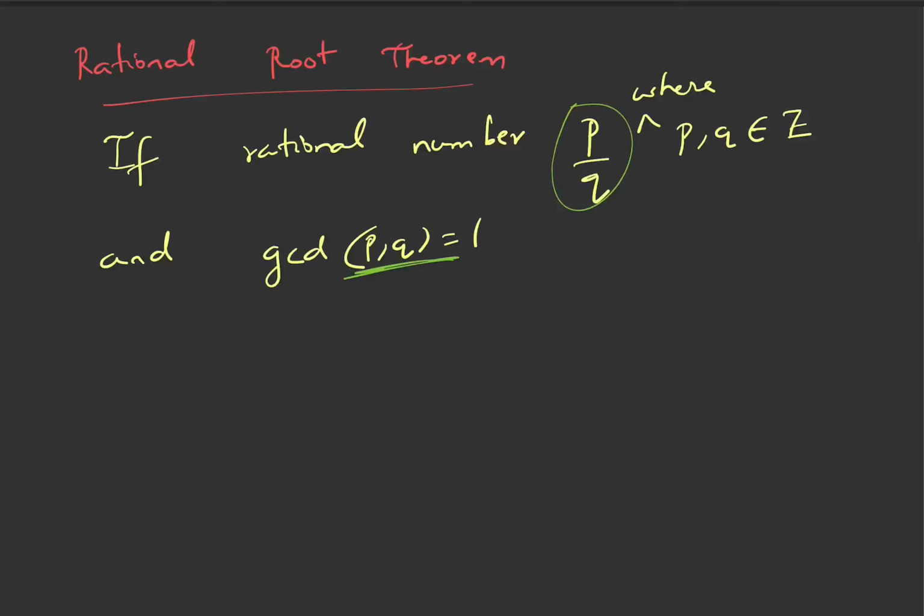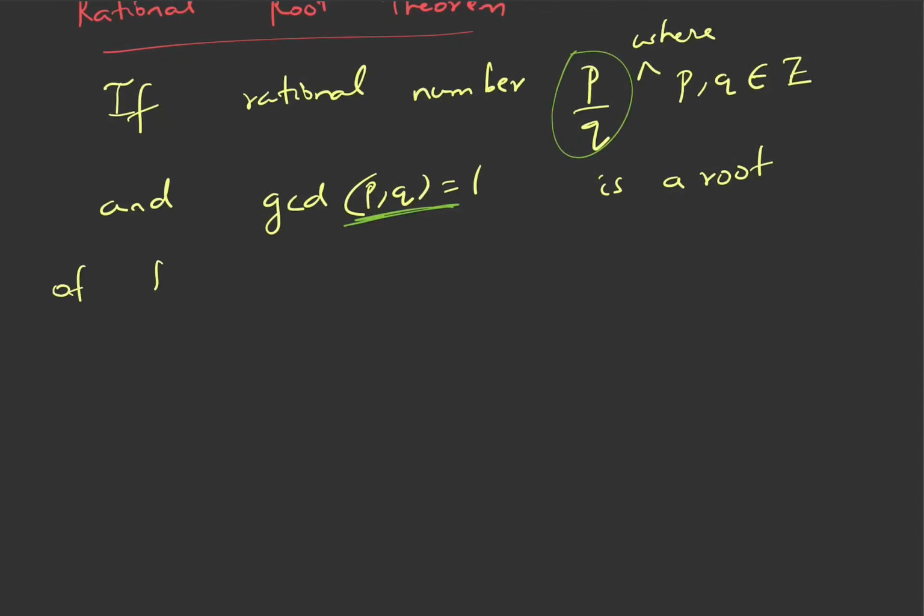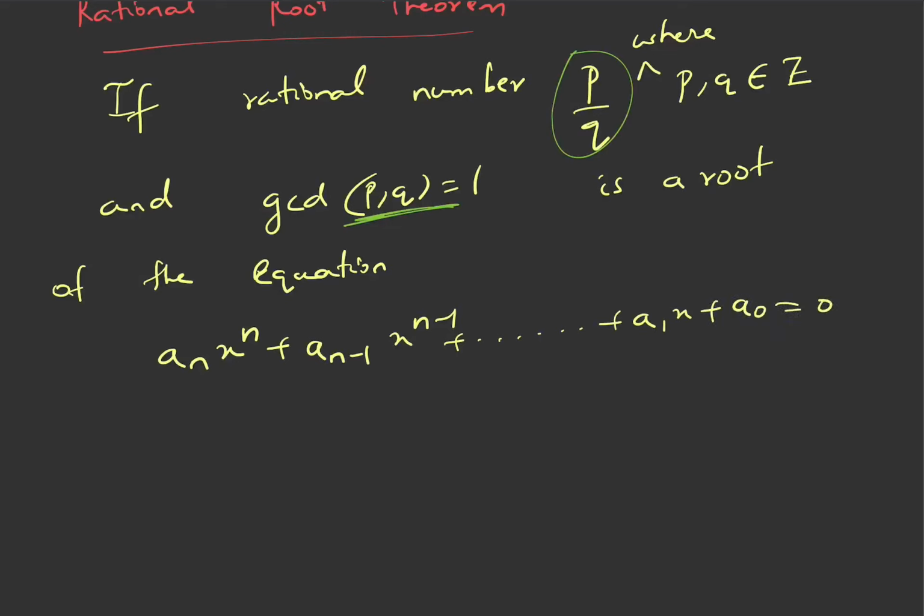So if a rational number p by q, where p and q are integers, and GCD of p and q is 1, is a root of the equation, so this is a very important theorem which we are making, of the equation an x power n plus an minus 1 x power n minus 1 plus so on plus a1x plus a naught is equal to 0, where an minus 1 and so on, a1 and a naught are integers.